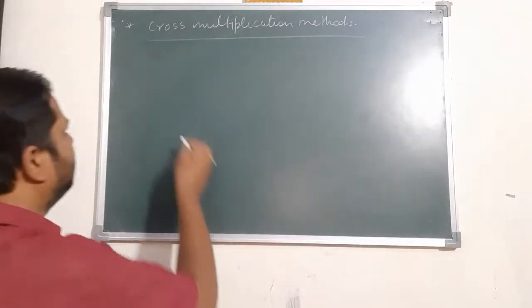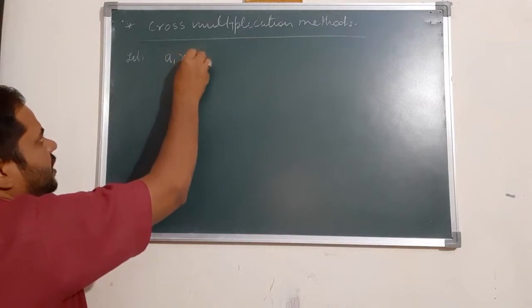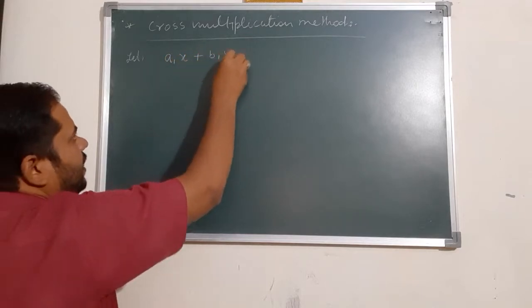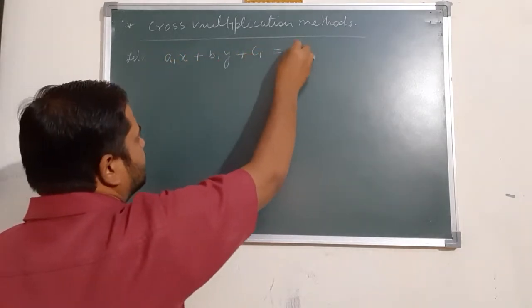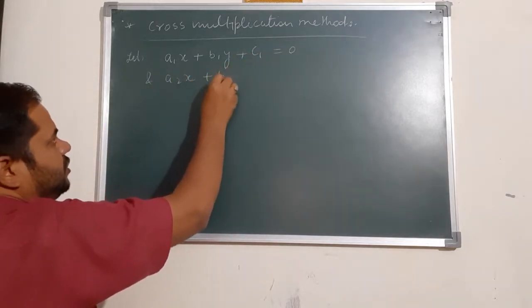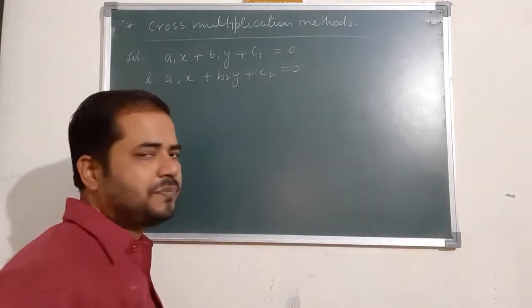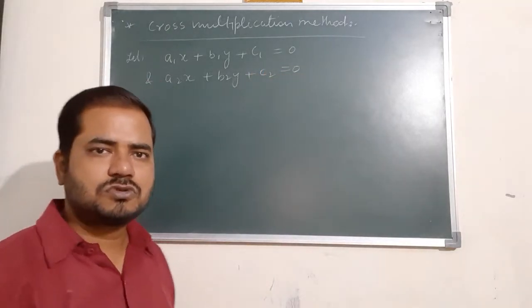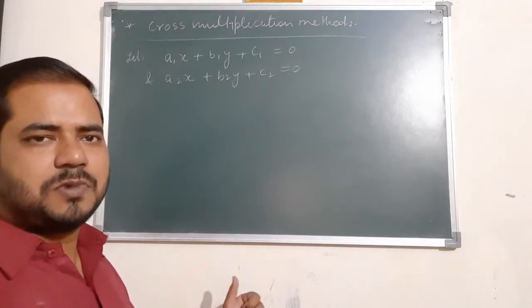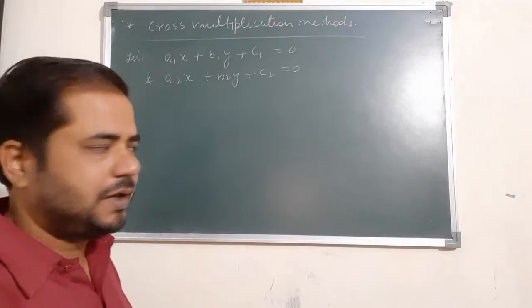Let us say we are given a pair of linear equations such that a1x plus b1y plus c1 is equal to 0 and a2x plus b2y plus c2 is equal to 0. So how do we solve this pair of linear equations by the cross multiplication method?